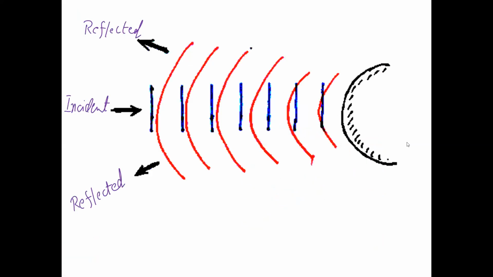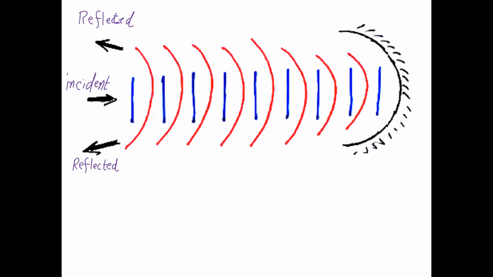When waves strike a curved medium, they always try to take the shape of the medium surface. Look, the blue waves are incident and the red waves are reflected. They are bending.